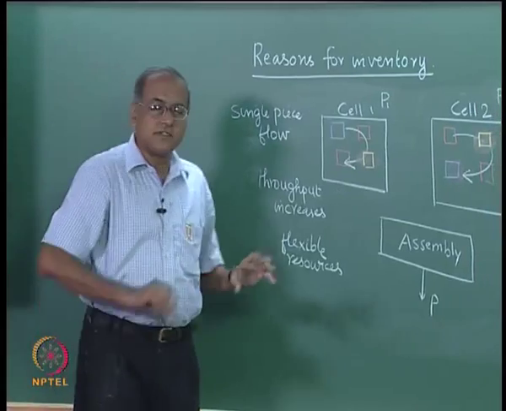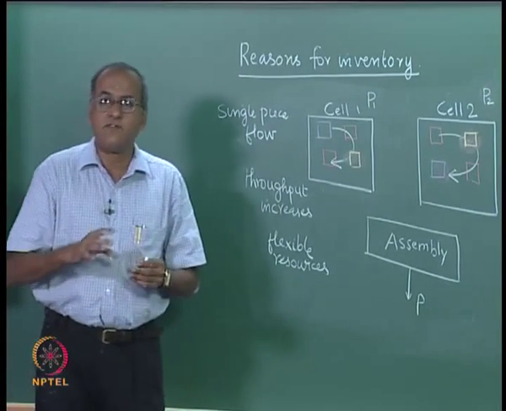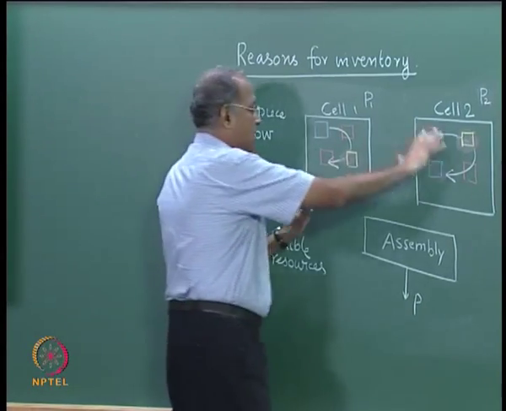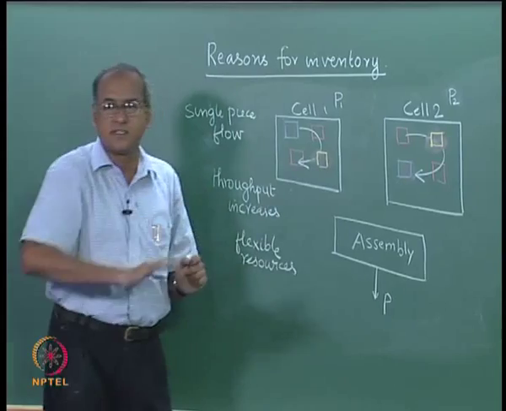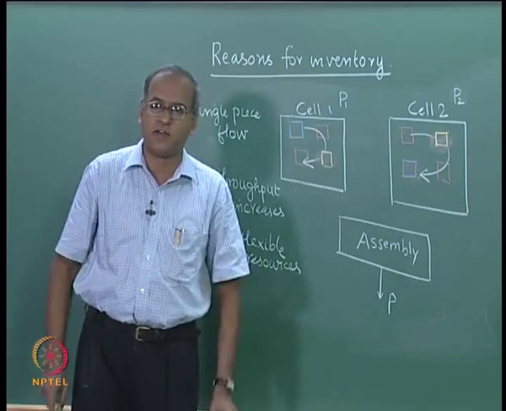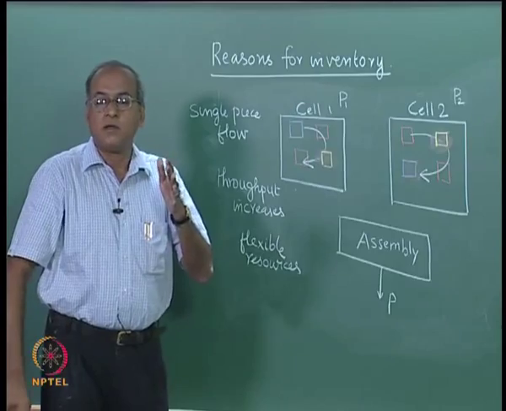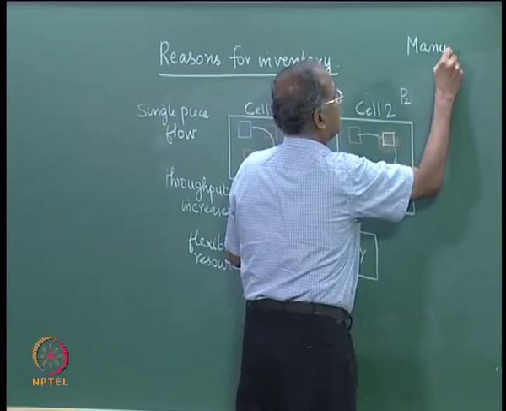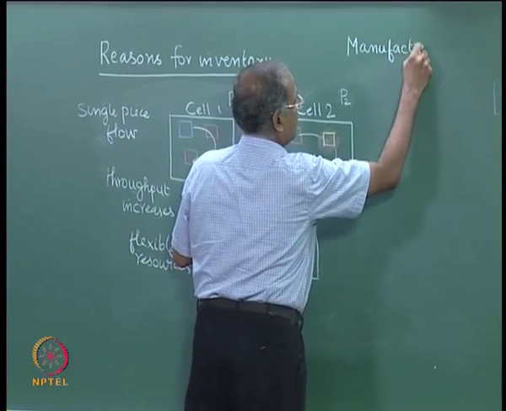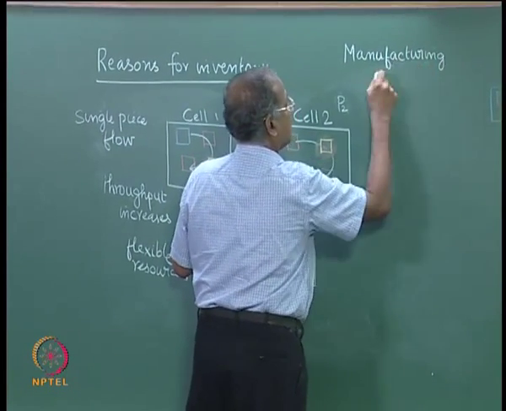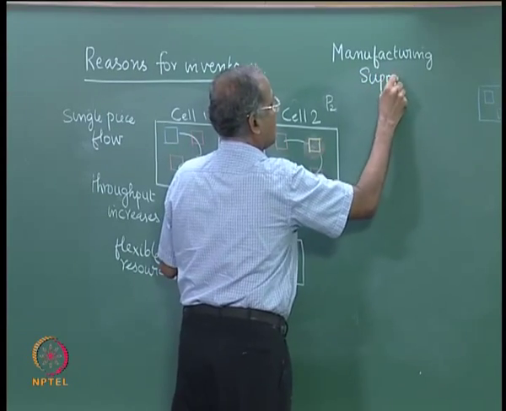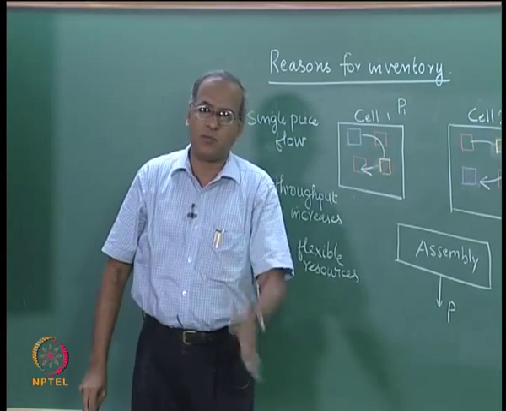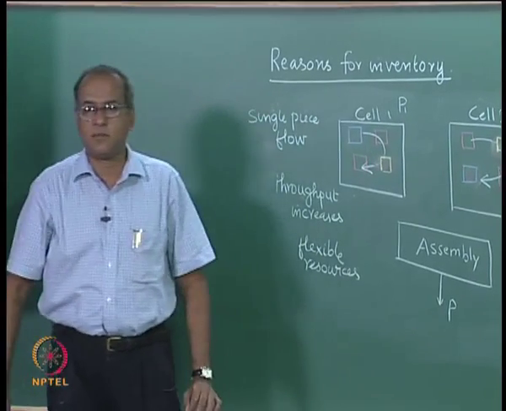One of the strengths of cellular manufacturing is the fact that not only are the production processes or production decisions simplified in cellular manufacturing, production support or manufacturing support should also be simplified, or is also simplified, in the context of cellular manufacturing.